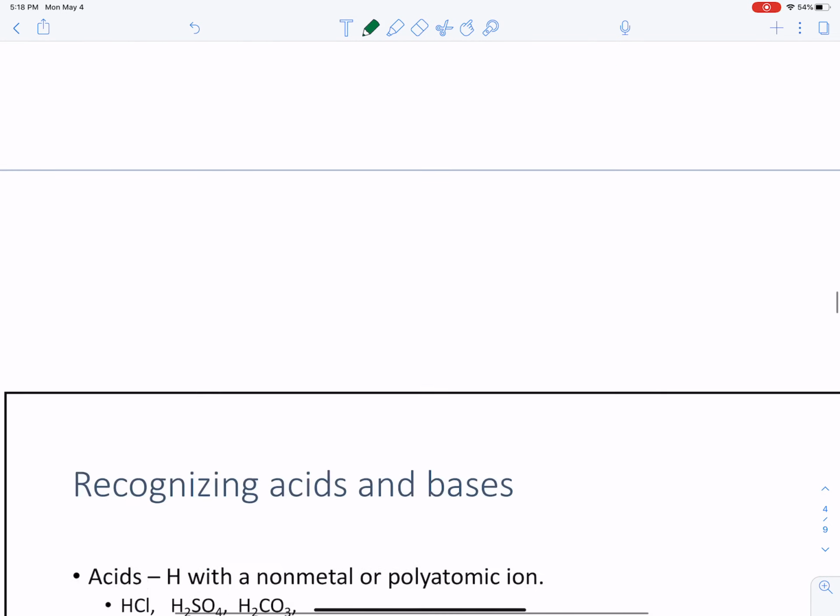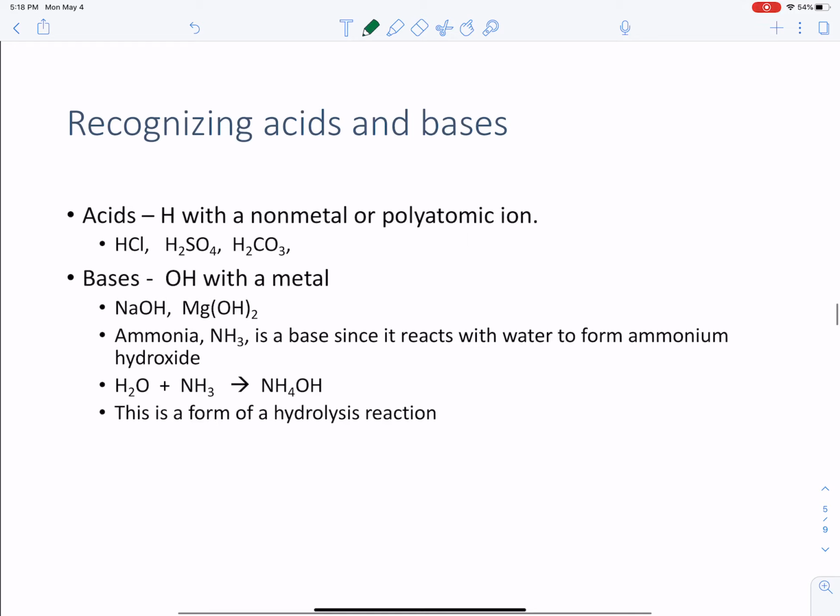As we're looking through some of this, recognizing acids and bases is fairly straightforward. Acids, typically, you have an H at the beginning. So you have HCl, H2SO4, H2CO3, which is known as carbonic acid, which is really important for our Cokes.